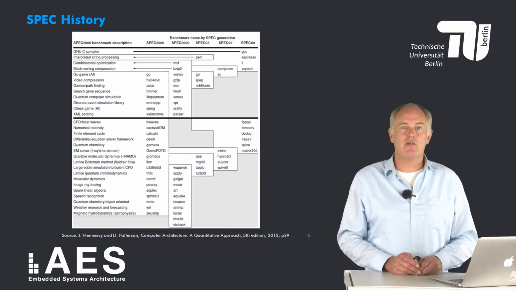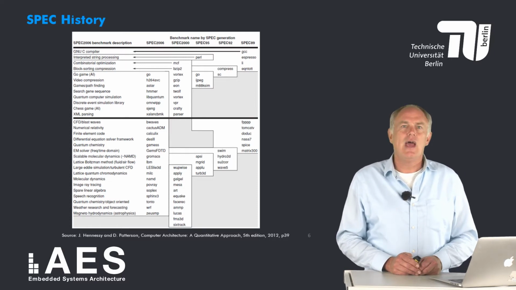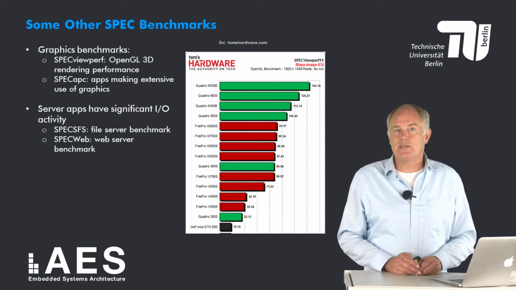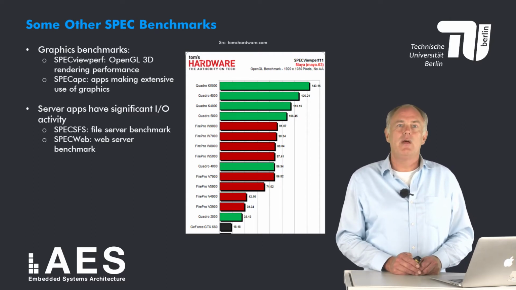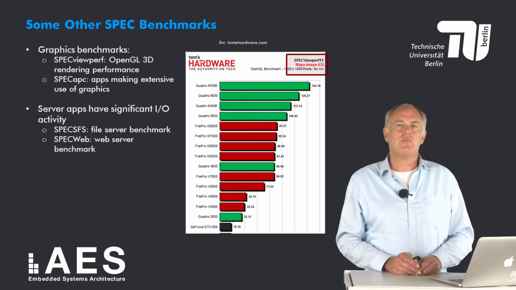Other SPEC benchmarks include graphics benchmarks. For example, SPECviewperf, which measures OpenGL 3D rendering performance. As can be seen here in this figure, which has been taken from the website tomshardware.com, the benchmark used is SPECviewperf 11.